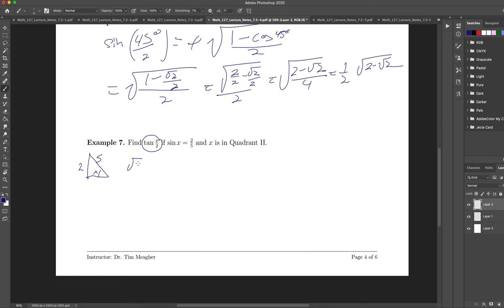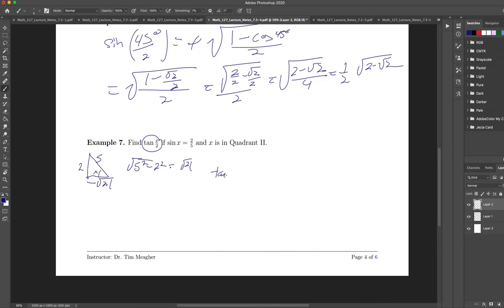So it'd be the square root of 5 squared minus 2 squared. So that'd be 25 minus 4, which would be 21. But notice since I'm in quadrant 2, the x coordinate would be negative, so it would be negative square root of 21.